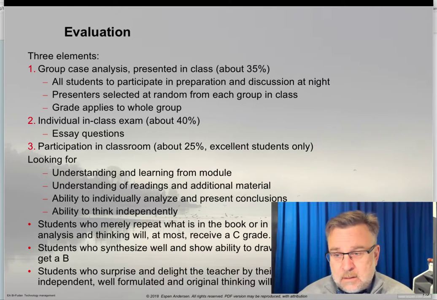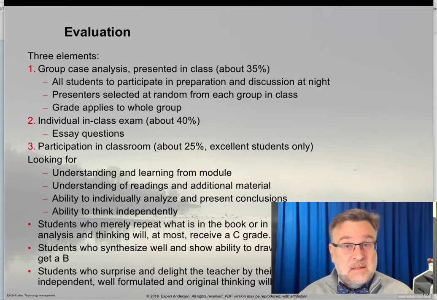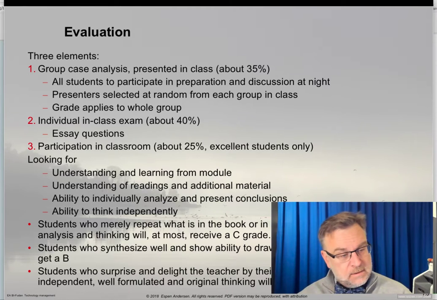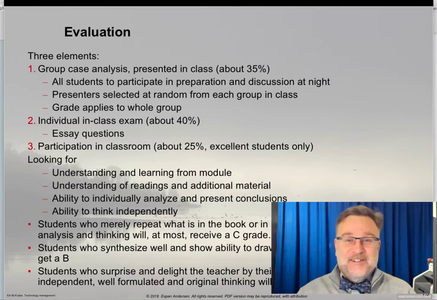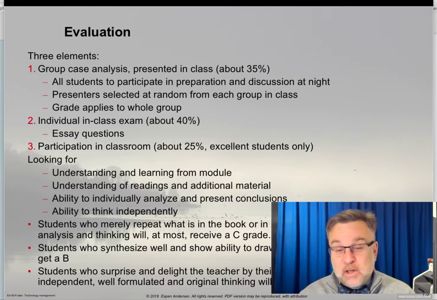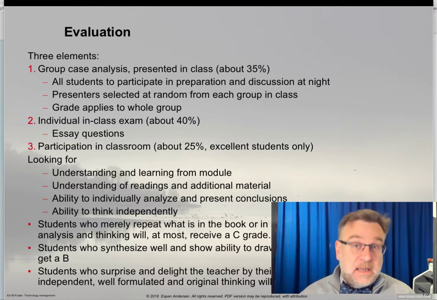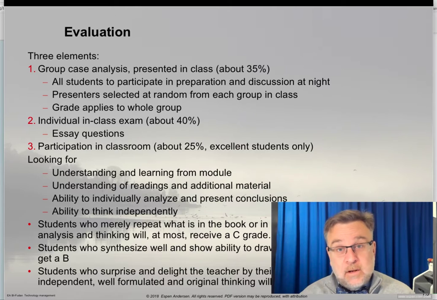So grading, I'm a fairly tough grader. The way I describe it is that students who just repeat what's in the book without independent thinking and analysis, basically "I read this, I can repeat it," will at most get a C. Students who synthesize well, who say, "I read this here and this here, put that together, and that means something," will be able to get a B. And students who surprise and delight the teacher by their sharp analysis and independent, well-formulated and original thinking will get an A. I'm happy to say that I am able to hand out A's in this course quite often.